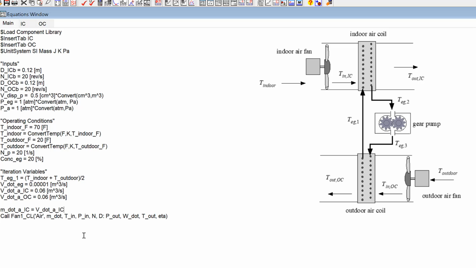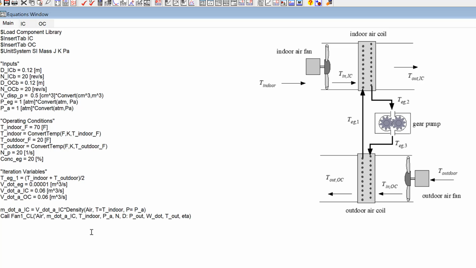A IC times the density of air at the indoor air temperature and my nominal air pressure. P equals PA. Alright, so that's the mass flow rate of air going through the indoor air coil.